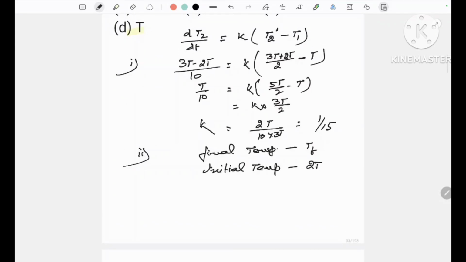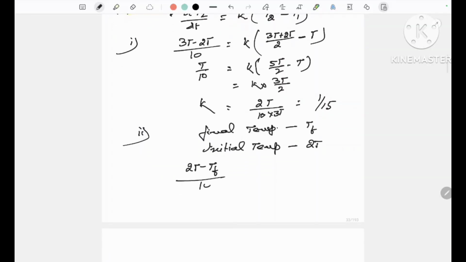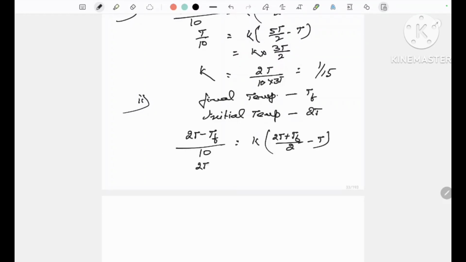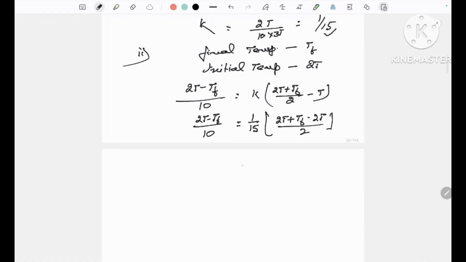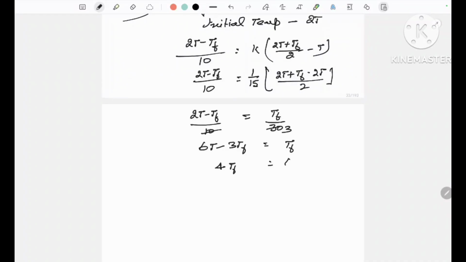So dT will be 2T minus Tf, time is 10 minutes, is equal to k times (average temperature (2T plus Tf) by 2 minus room temperature). (2T minus Tf) upon 10, we put the value of k as 1 by 15, times (2T plus Tf minus 2T) by 2, which is Tf by 30. (2T minus Tf) by 10 is equal to Tf by 30, so 6T minus 3Tf is equal to Tf, or 4Tf is equal to 6T.